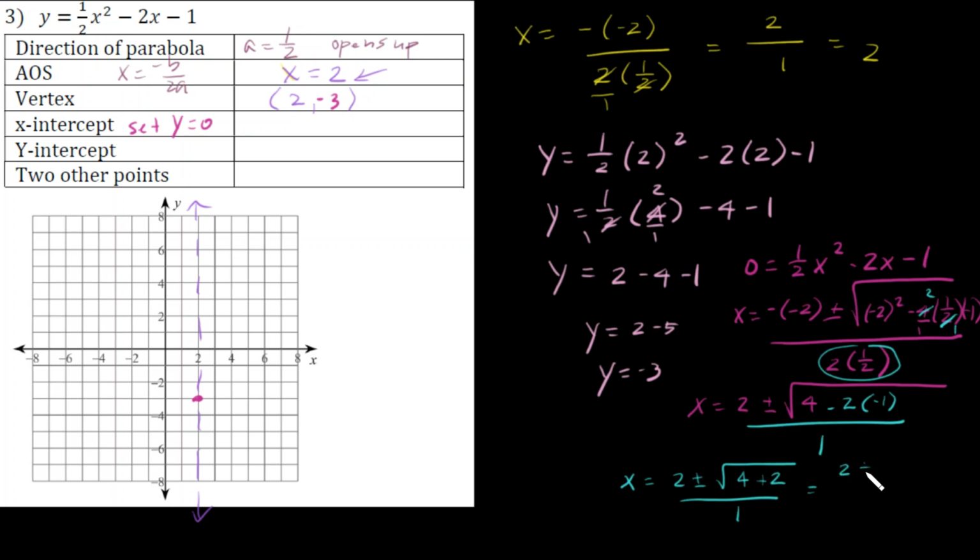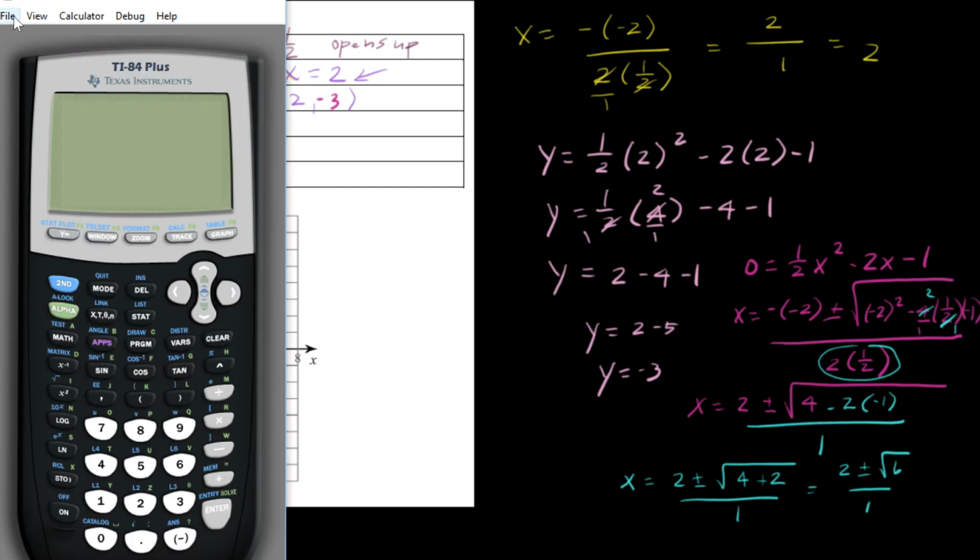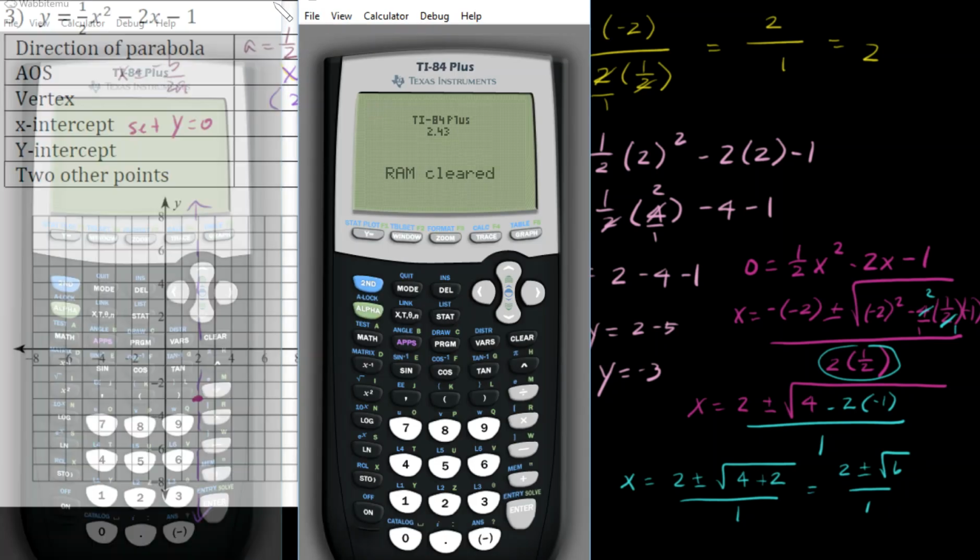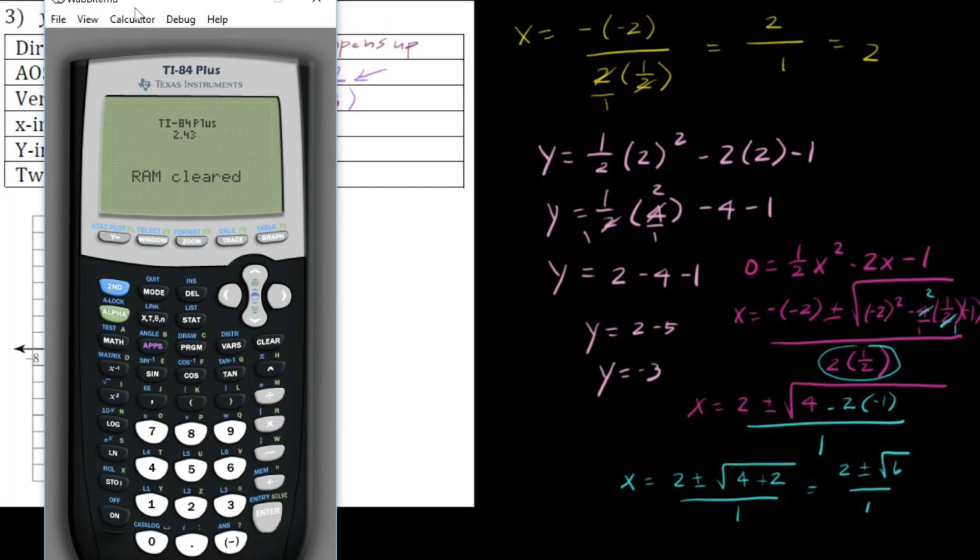That's 2 plus or minus the square root of 6 over 1. Now I'm going to use my calculator to estimate that point. So 2 plus the square root of 6, that's going to be x equals 4.4.